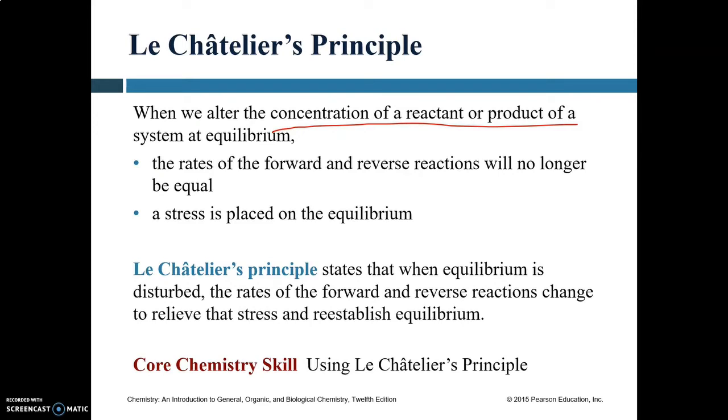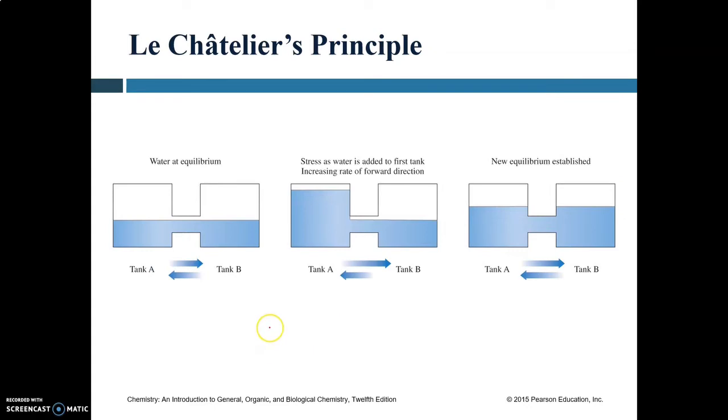Equilibrium essentially becomes under stress. And the principle of the French chemist Le Chatelier states that when equilibrium is stressed, disturbed, the rates of the forward and reverse reaction change in such a way that they can relieve the stress, the disturbance, and reestablish equilibrium.